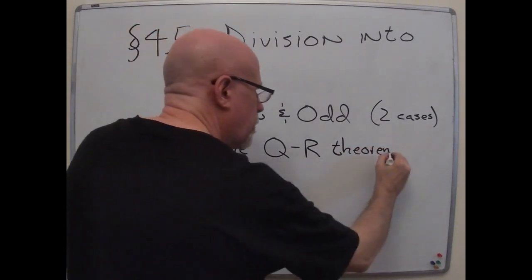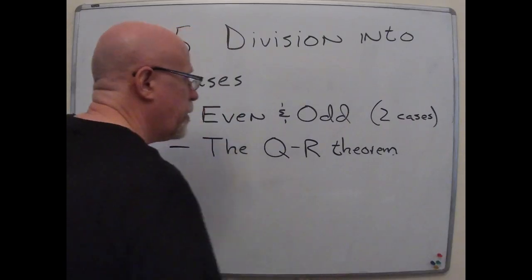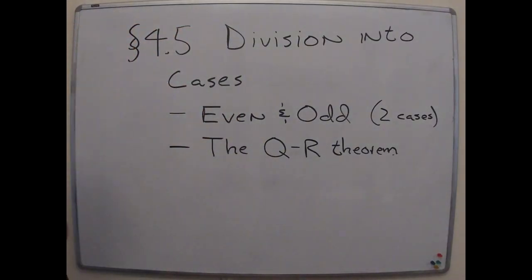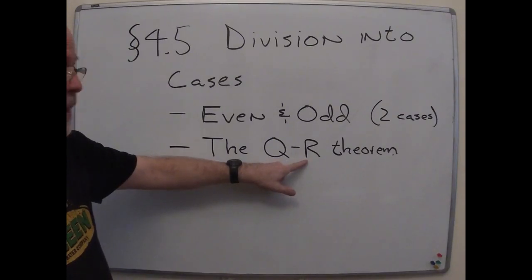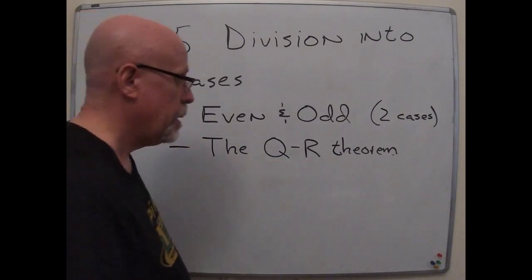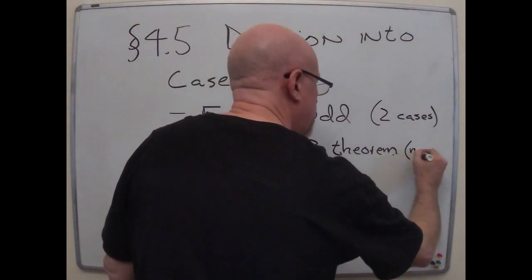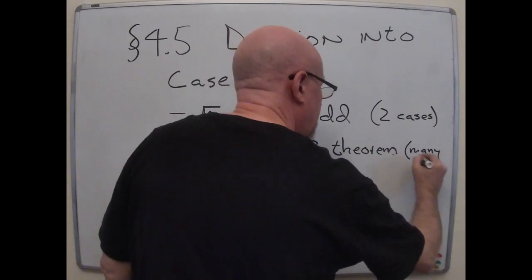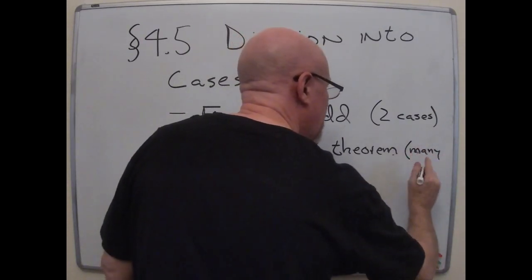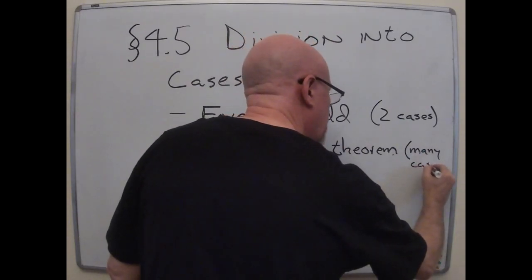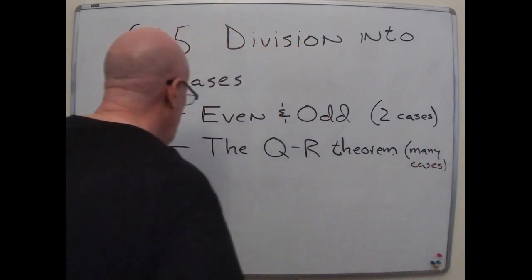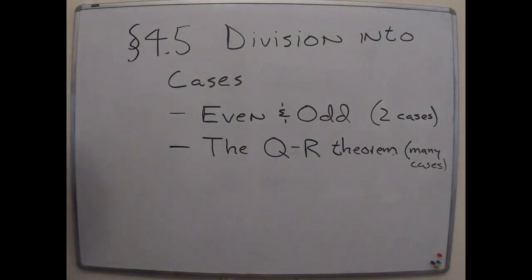That will divide us up into quite a lot of cases. It basically divides you up into as many cases as there are potential remainders. Let's just say many for now. But there's other options too.